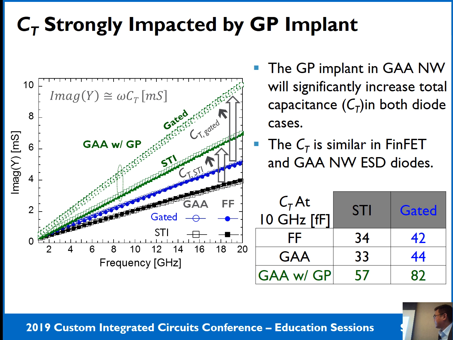For the STI diode, it can increase around 40%. For the gated diode, it can increase around 50%. So then, in addition, the total capacitance load in the gate-all-around ESD diode and the FinFET ESD diode look quite similar.